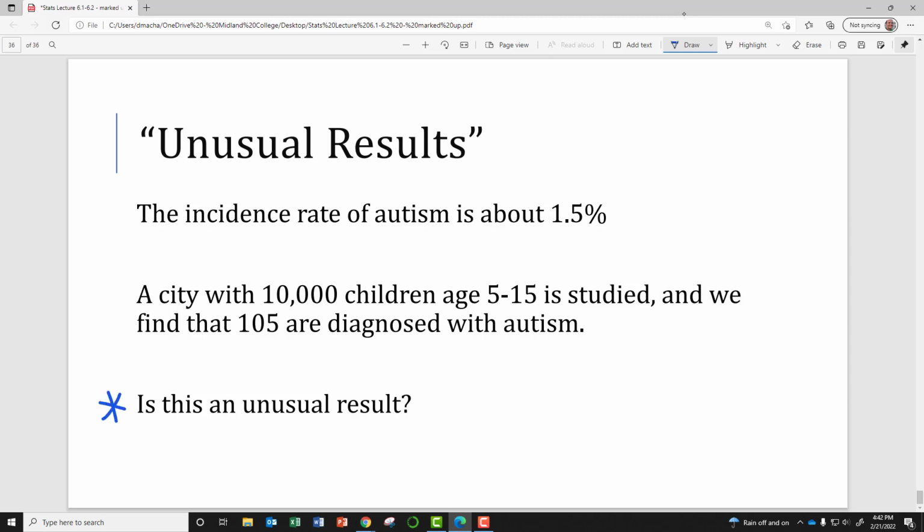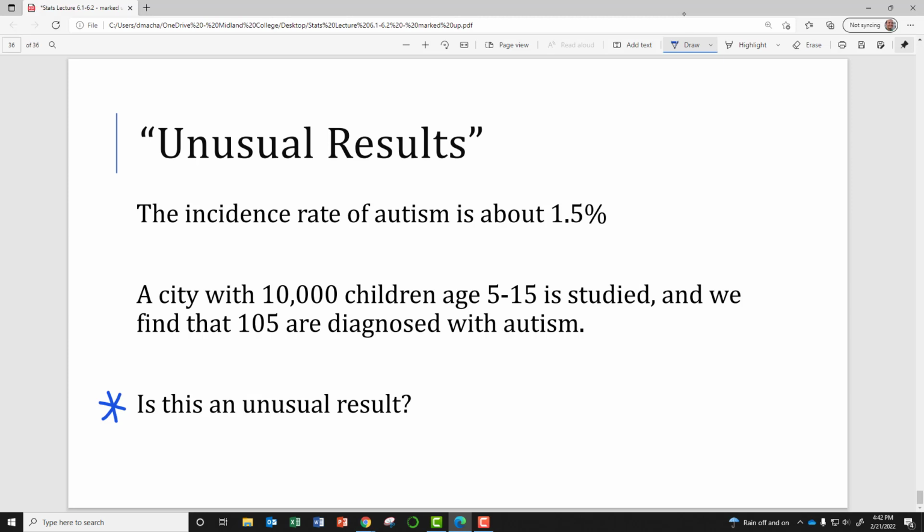And this is probably something that health professionals are actually interested in, right? Because if you find that one particular city or town has an incidence rate of any kind of diagnosis like this that's much lower than the overall incidence rate, you probably suspect that there's a lot of cases that are going undiagnosed and that maybe there needs to be more attention paid to this area in terms of this kind of diagnosis, maybe getting more doctors out there.